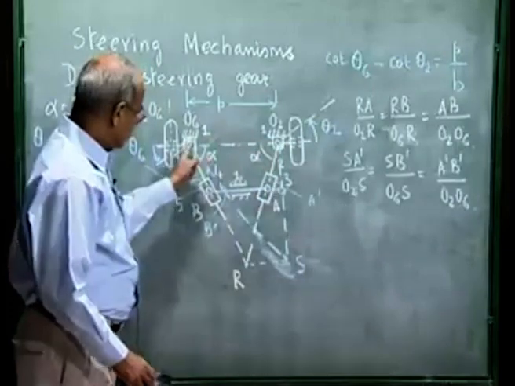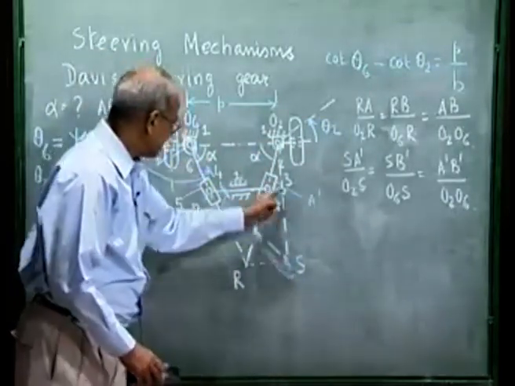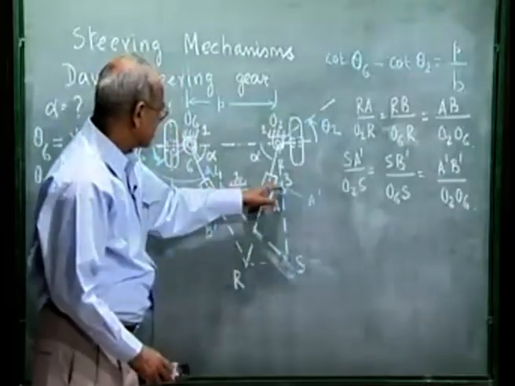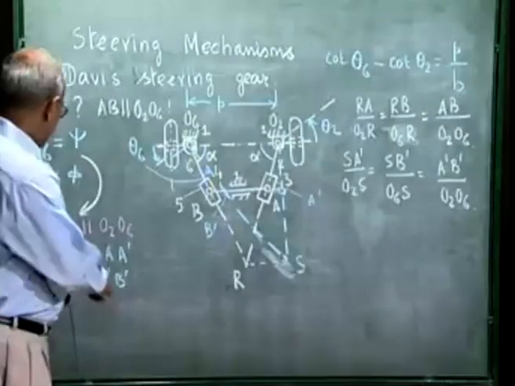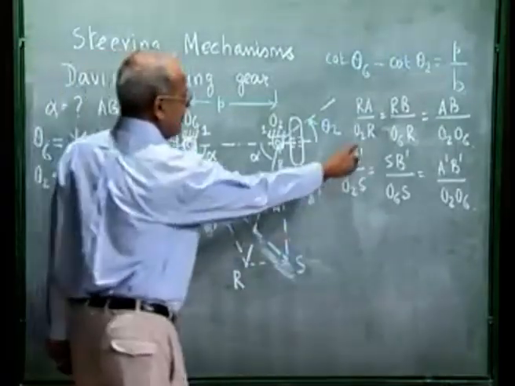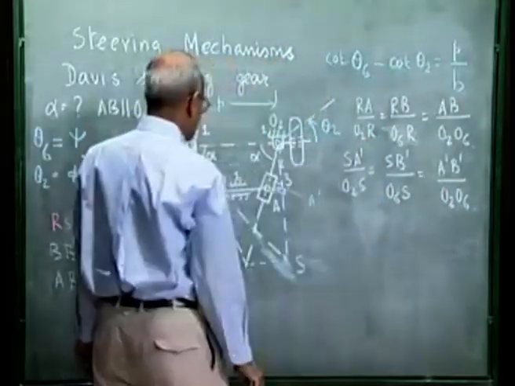These two white triangles are similar, and this triangle and this blue triangle are similar, because this line is parallel to this line. Now AB is the same as A prime B prime. So these are also the same.